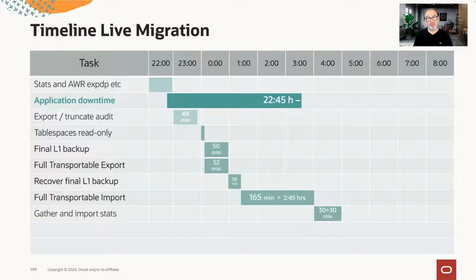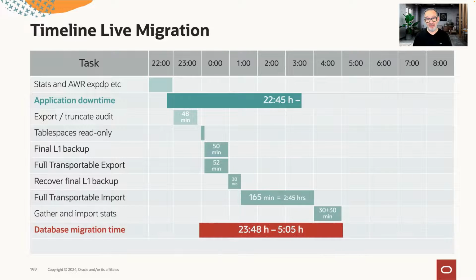So each piece back to back took 30 minutes importing, 30 minutes dictionary and fixed object stats gathering, as we showed you before. And so the final all-together database outage for the migration was an awesome 5 hours, 17 minutes end to end. But this is not the complete outage.